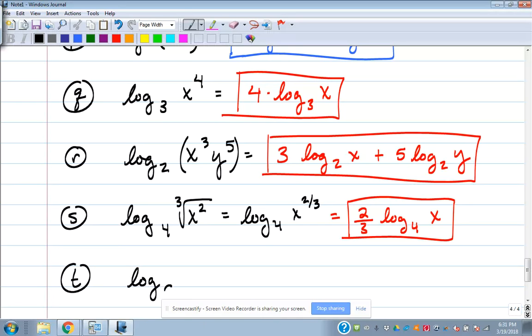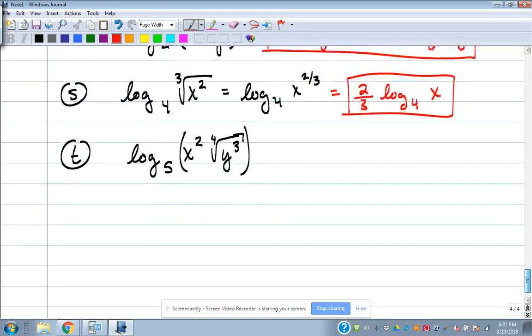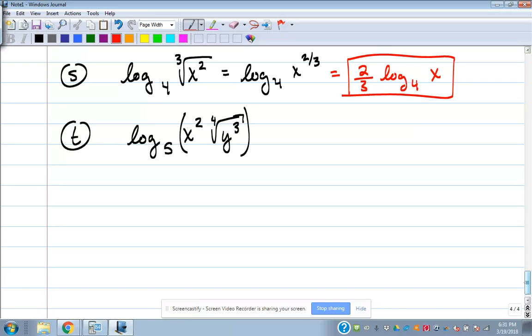Let's say we had log base 5 of x squared times the 4th root of y cubed. What do we know is happening here? Multiplication. So that means it's going to turn into addition, right? So there's multiplication going on between those two pieces.